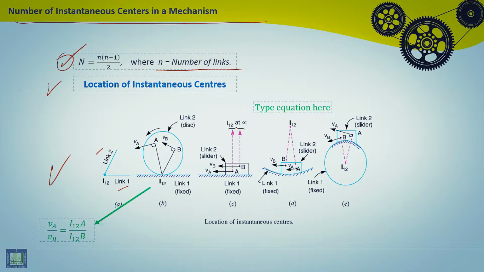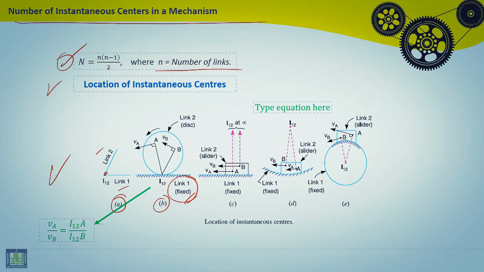Between link 1 and 2, for example A, this should be the instantaneous center of rotation I12. For example B, here, we have link 2 rolling on link number 1. Link number 1 is fixed to the ground. Okay?